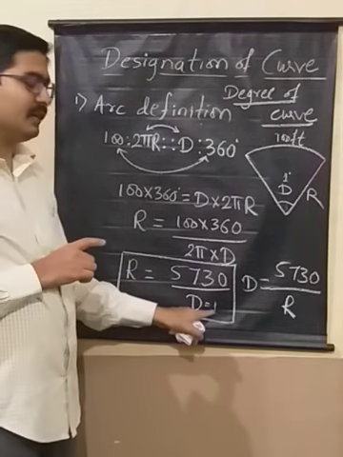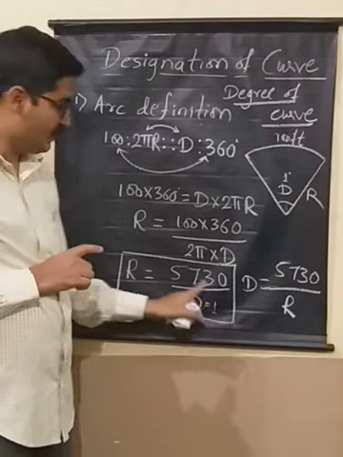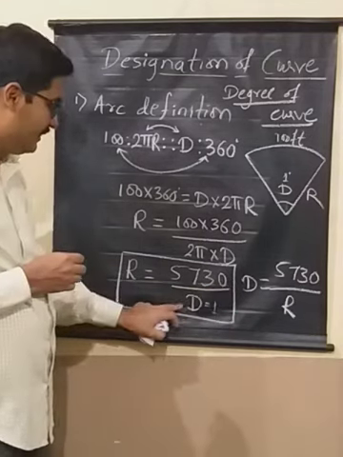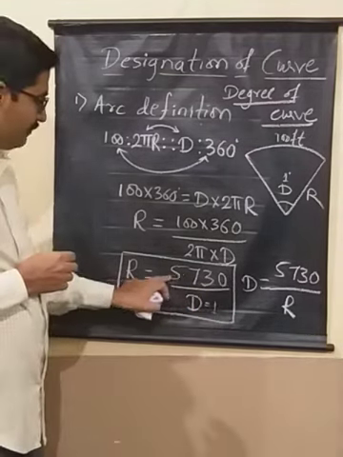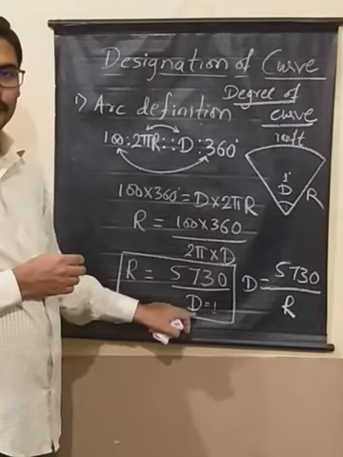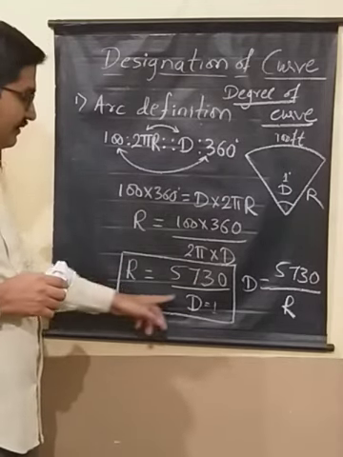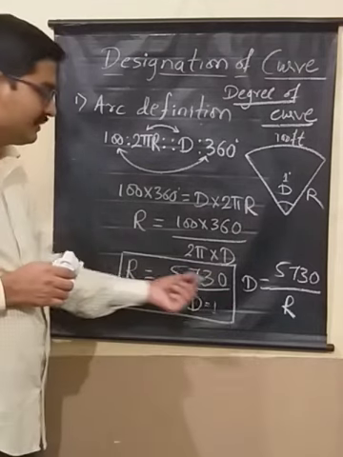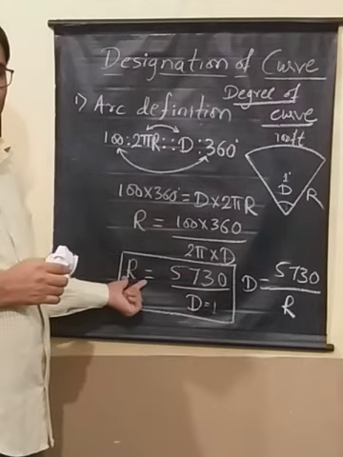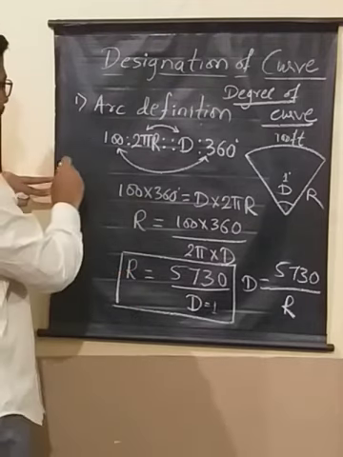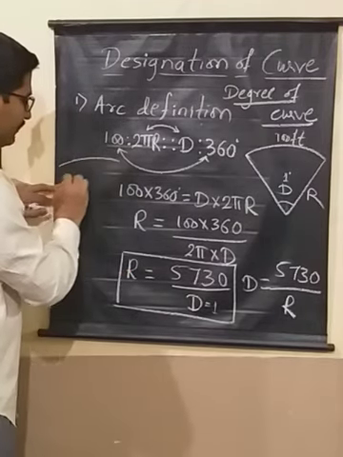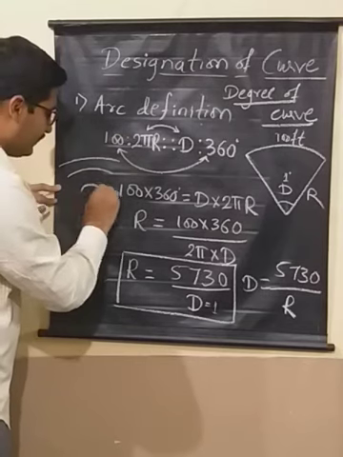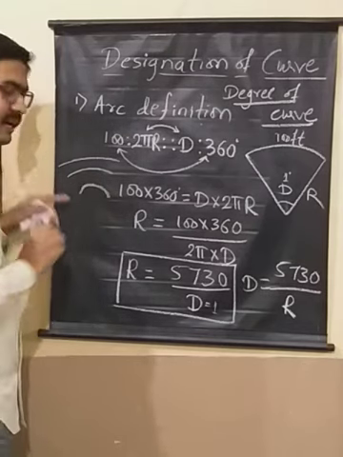And if the degree of the curve is 2, what happens to the radius? The radius will become exactly half, because D is equal to 2, so 5730 divided by 2. What this indicates is that as the degree of the curve increases, the radius reduces. This is a larger radius arc, this is a smaller radius arc, and this is a further smaller radius arc.